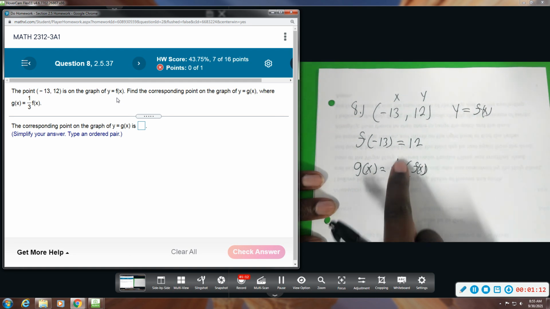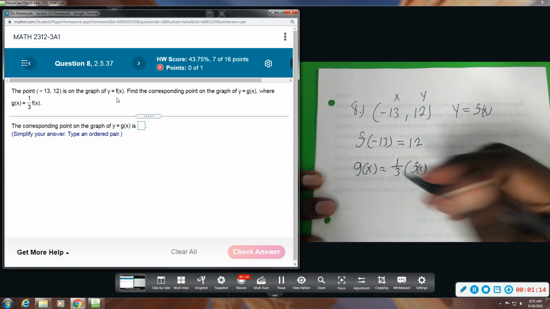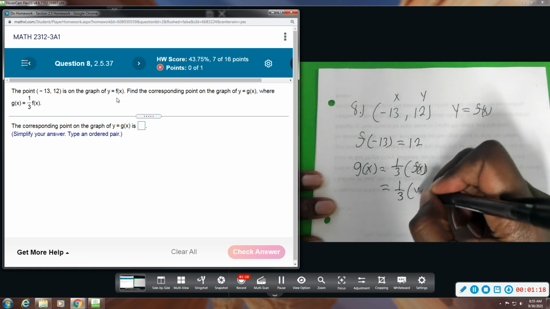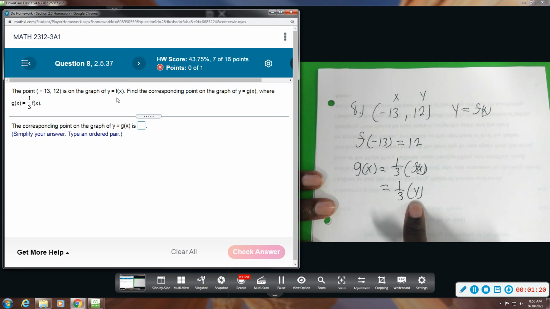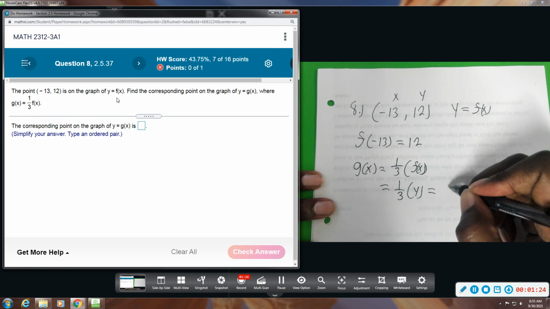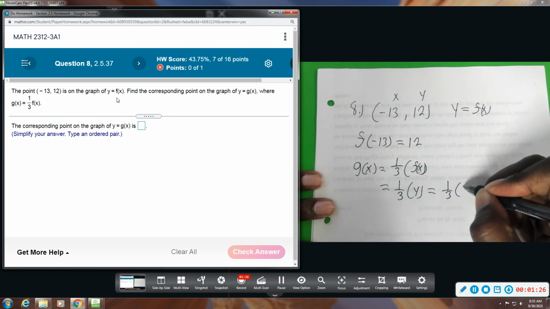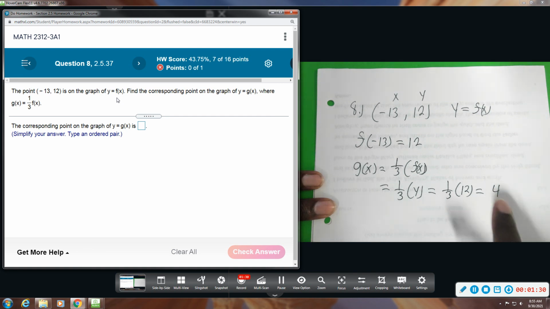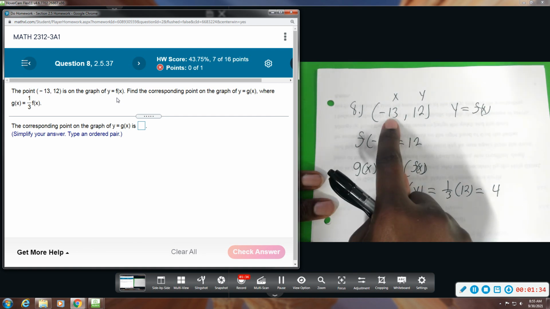So if I do 1/3 of f of x, what I'm really doing is 1/3 of the y value. Okay, the y value is 12. So I'm doing 1/3 of 12, which gives me 4. So the y value is changing, but the x value is still staying the same.